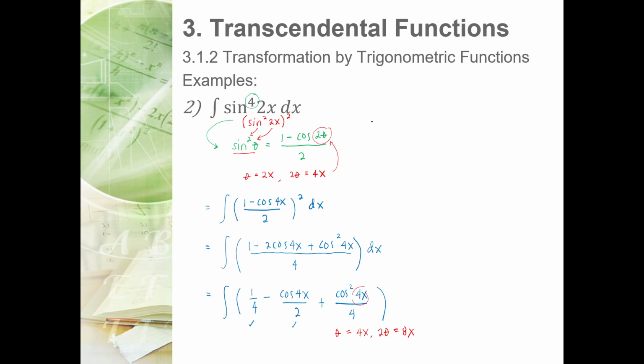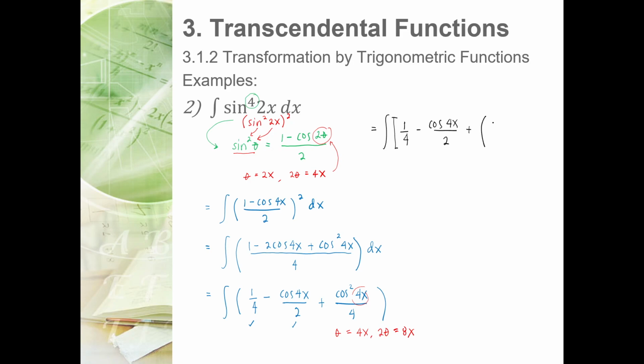Okay, so I'm going to write it here, upper right. So bracket, because I'm going to place the third term inside the parenthesis. So 1/4 minus cosine 4x over 2 and then plus.